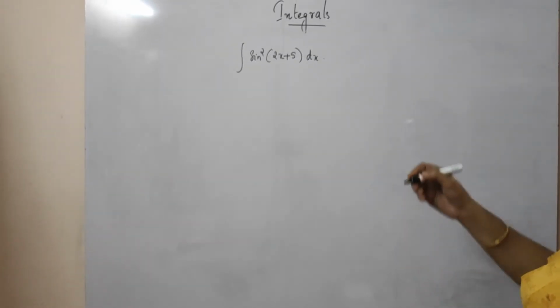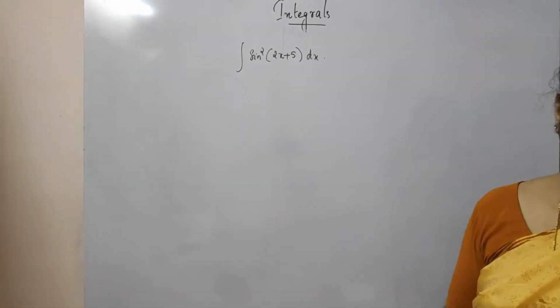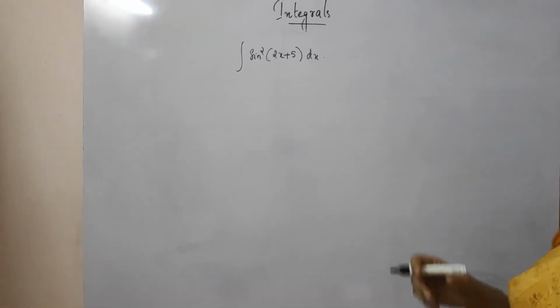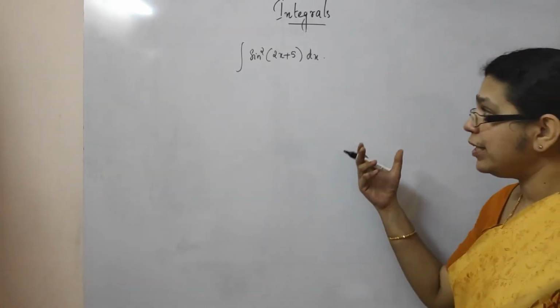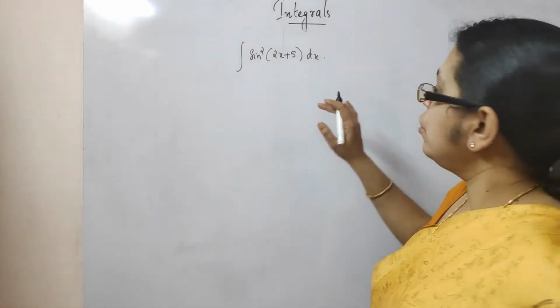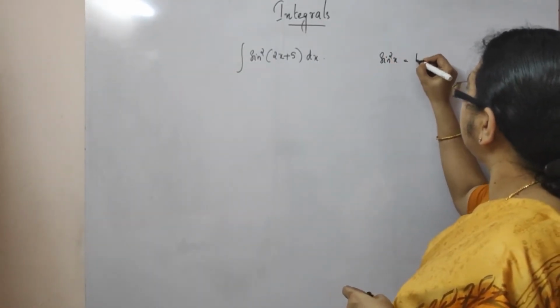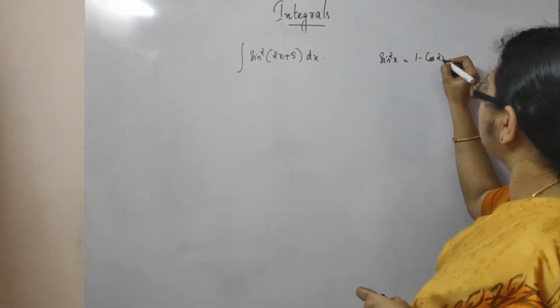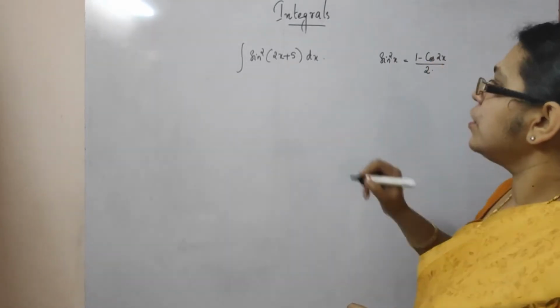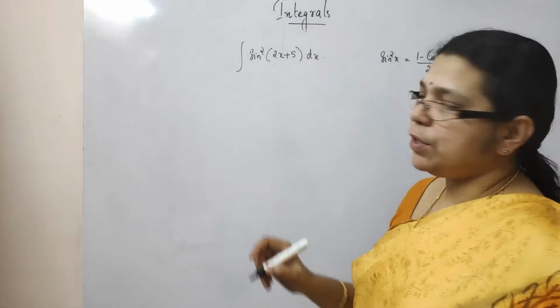Now here I know what sine squared x is, but I will not be able to integrate it directly. I know that sine squared x is equal to (1 minus cos 2x) by 2. This is the formula that I am going to apply here.